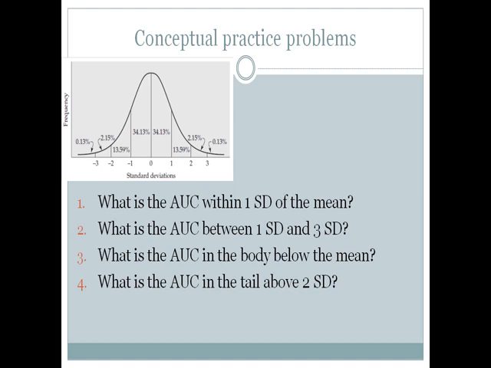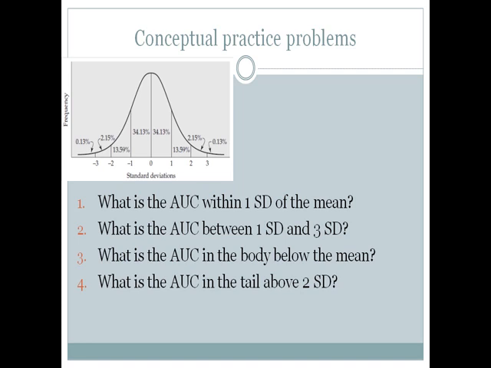The area under the curve within 1 standard deviation of the mean is about 68%, adding the 34.13 between the mean and -1 standard deviation, and 34% between the mean and +1 standard deviation. What is the area under the curve between 1 and 3 standard deviations? That's about 16%.